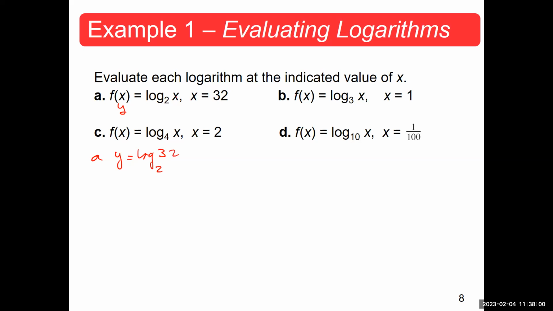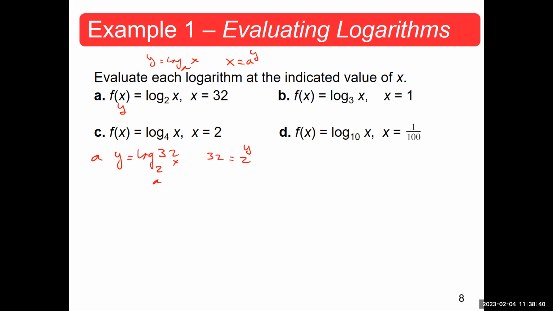So I'm plugging 32 for the X and converting this to be a Y. Now, I'm going to convert this to exponential to find the answer. So always write them down here. Y equal log base A of X and X equal A to power Y. So based on that, if this is Y and this is A and this is X, then 32 equal 2 to power Y.